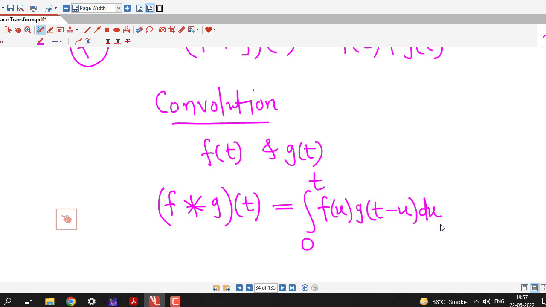Here u is a dummy variable and the limits of u are from u equal to 0 to t.